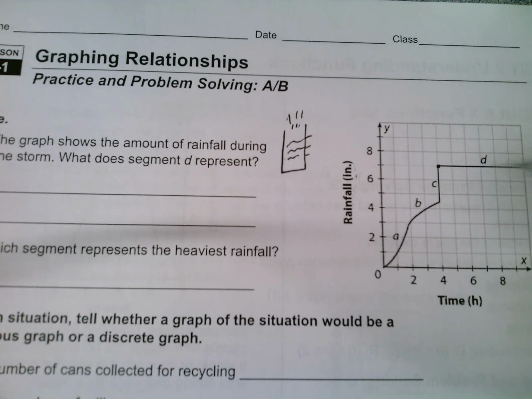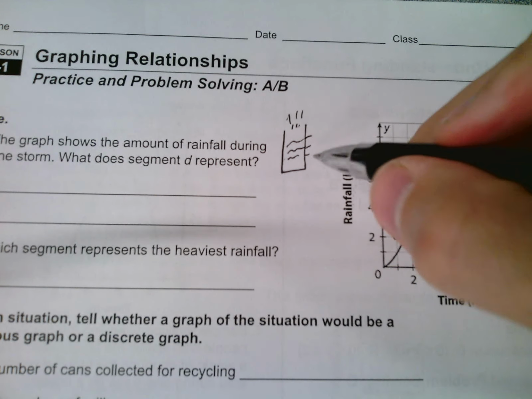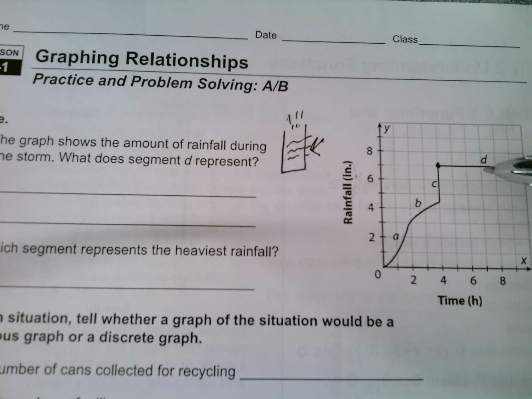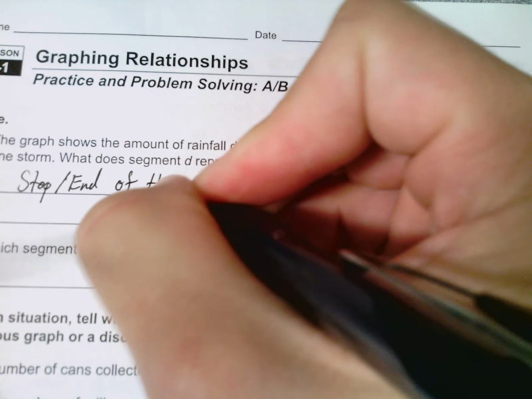So if the level in the glass is consistent, what does that represent? It stopped raining. So the level of water in our graduated cylinder is no longer changing. We would say segment D here represents the stop or end of the storm.